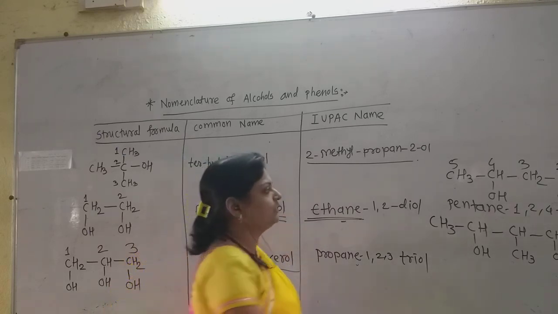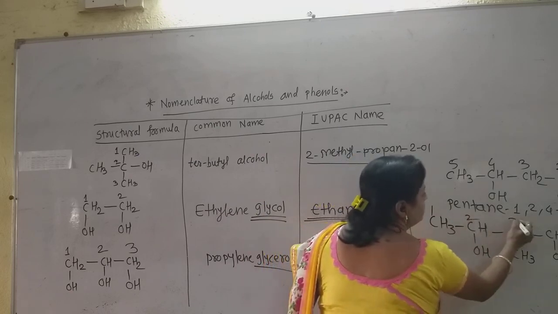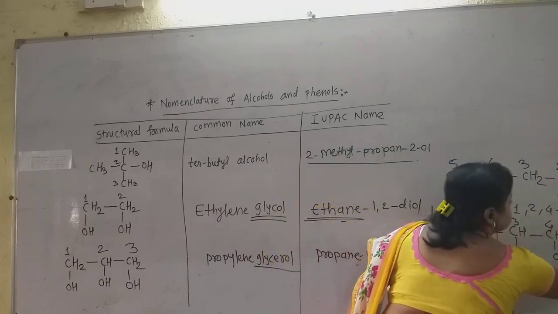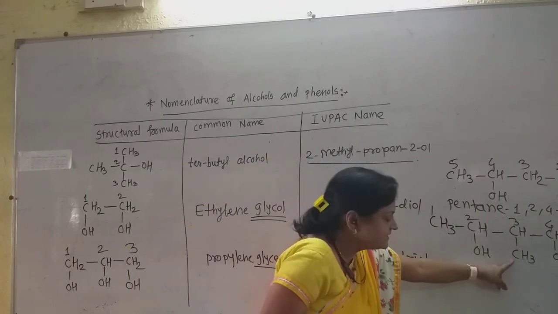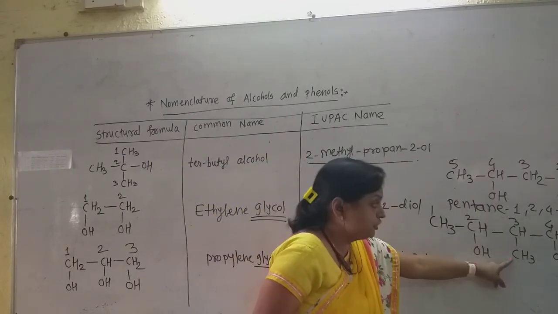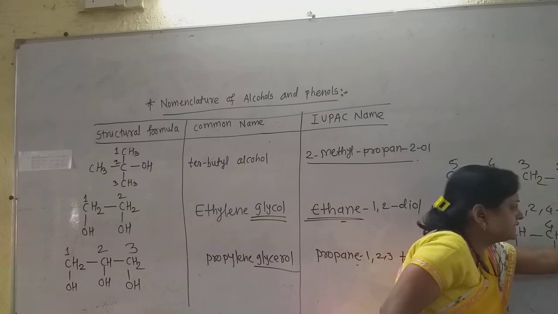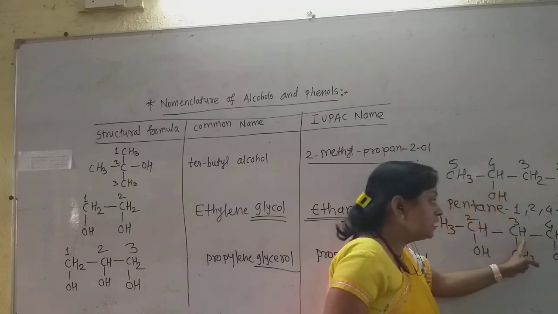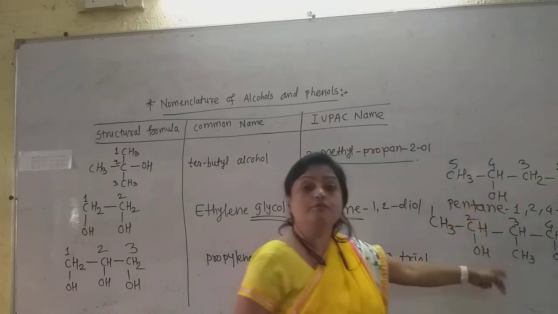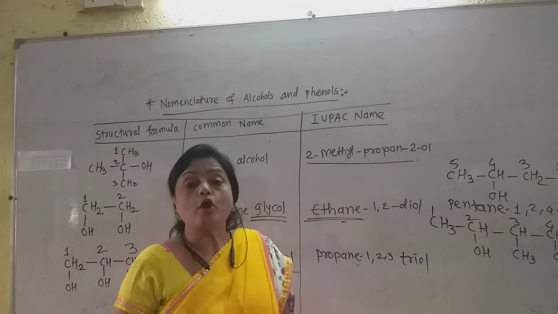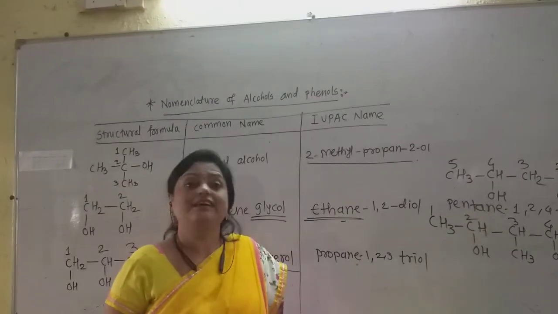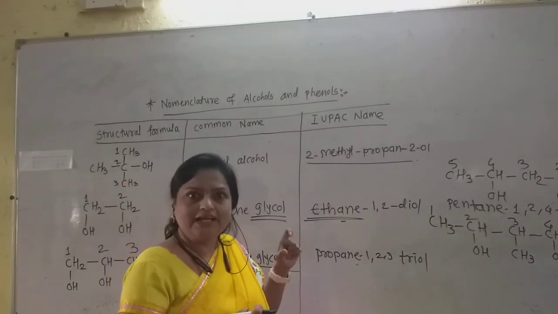So we must give the numbering from this side, 1, 2, 3, 4, 5, 6 and 7. Now this is the correct numbering because there is the nearest substituent. But if we give the numbering from this side, 1, 2, 3, 4, 5, then the substituent comes on the fifth carbon. But from the left side, it comes on the third carbon. So that is the correct numbering from the left hand side.